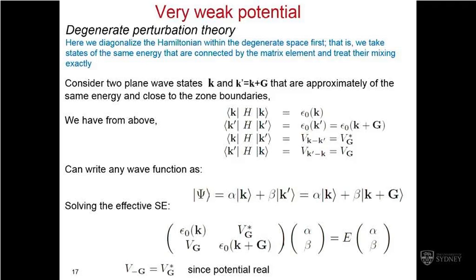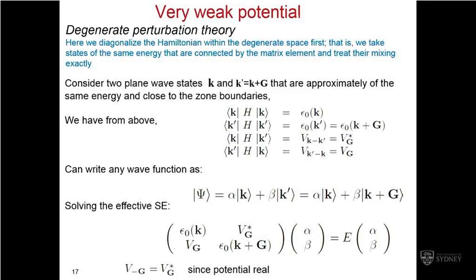We're going to solve this the usual way, putting the energy over here, and over here we have V of G minus E. So we find the determinant and put that equal to 0.